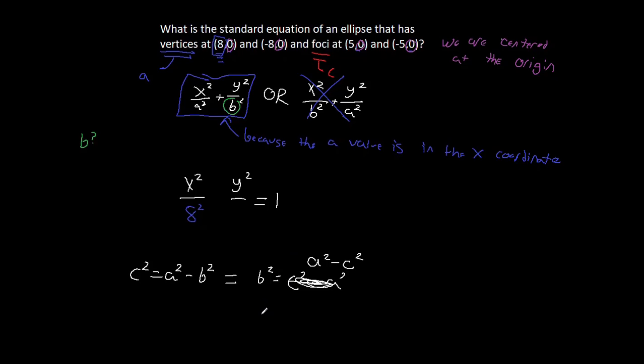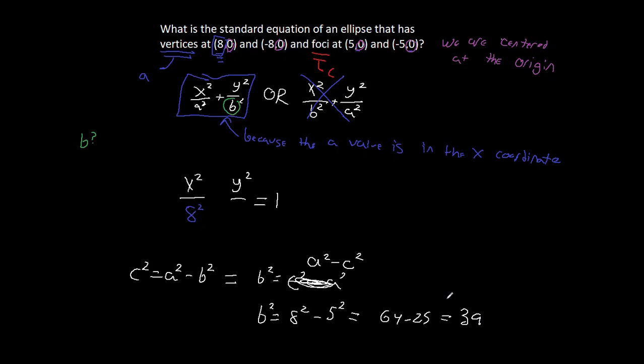So b squared is equal to 8 squared minus 5 squared. That's going to be equal to 64 minus 25, which is 39.